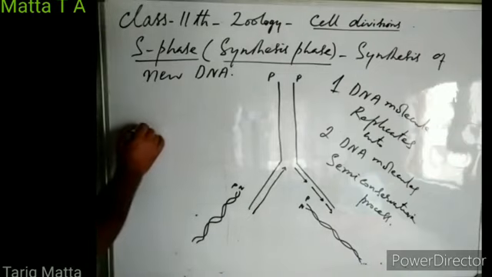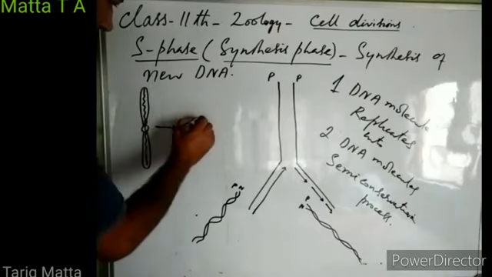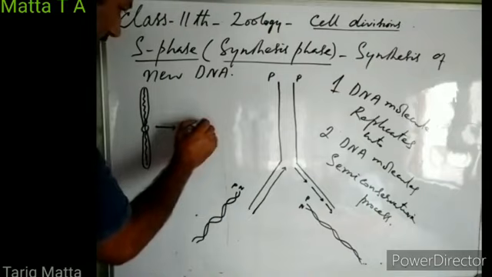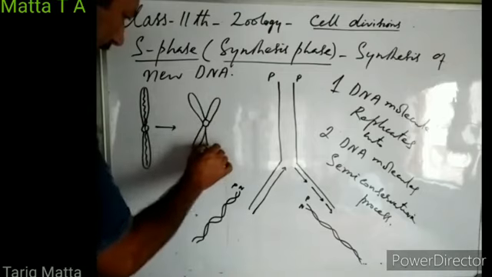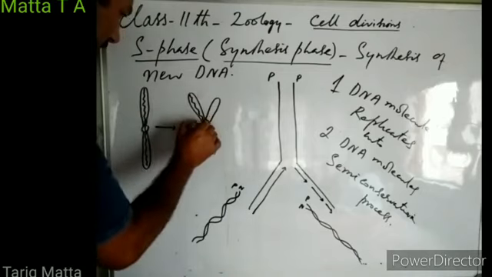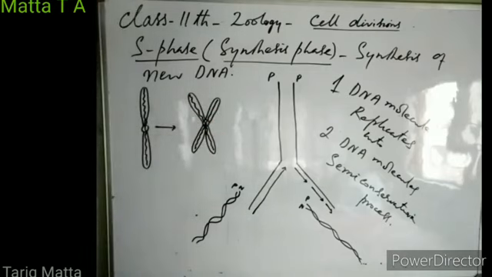So a single DNA molecule which is contained in a chromosome replicates and forms two DNA molecules. Before the onset of S phase, this chromosome was having a single DNA molecule. Now as it entered into S phase, this single DNA molecule replicated and two DNA molecules were now produced. And now these two DNA molecules are contained in the two chromatids of the chromosome.